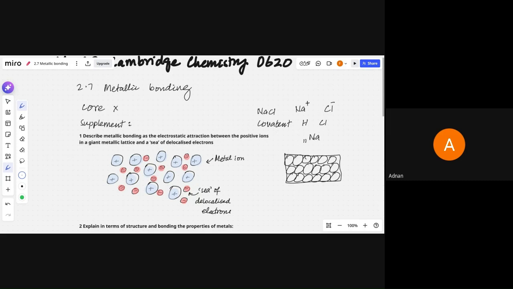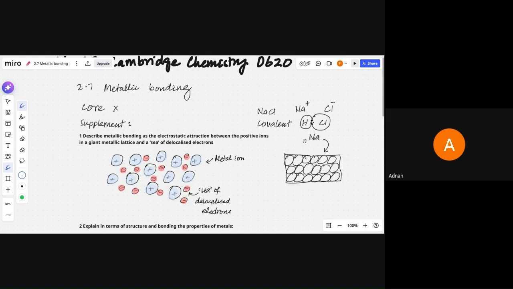If you go back and watch our lecture on covalent bonding, where we practiced dot and cross diagrams, you will see that electrons are shared between two different atoms. Now in metals, since all the atoms are the same, how are they joined together? This is what we are trying to understand in metallic bonding.